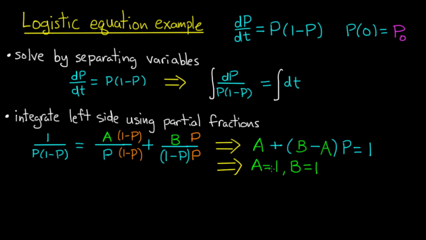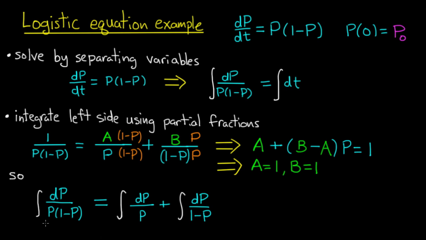Now that we have our partial fraction decomposition, we apply it to the original integral. The integral of dp over p times (1 minus p) becomes the integral of 1 over p plus 1 over (1 minus p), so it's the integral of dp over p plus the integral of dp over (1 minus p). These two integrals are not too hard.